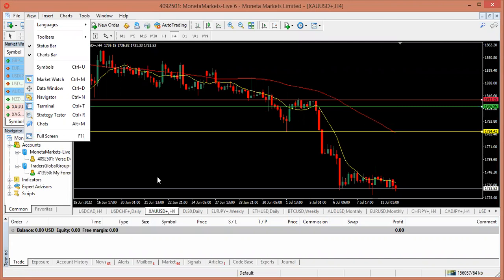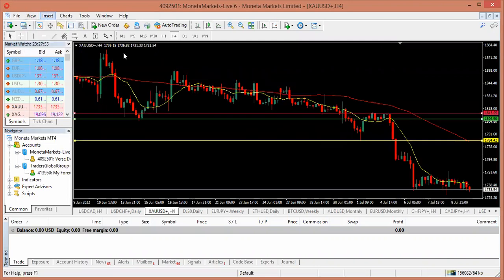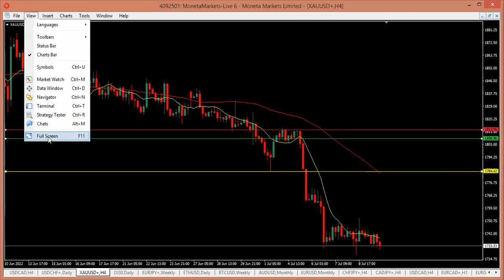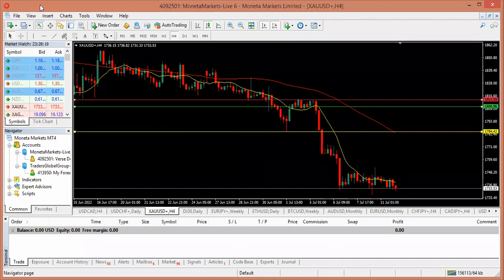Have you done it? Has it appeared? This is full screen. Is this how your own is? Previously it was like how your own was, but as I clicked full screen, it now became larger. All right, go out of the full screen, click on view, click on full screen, come out like this.